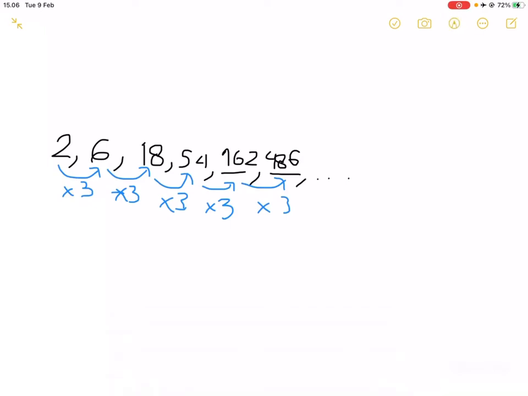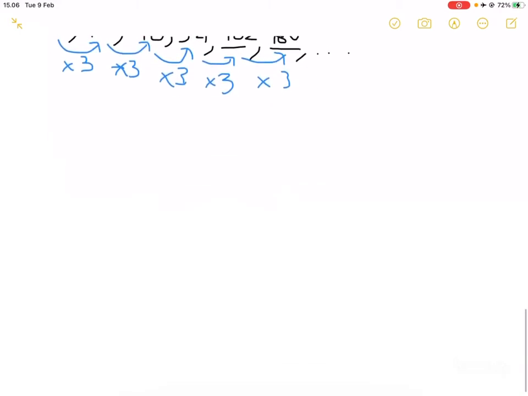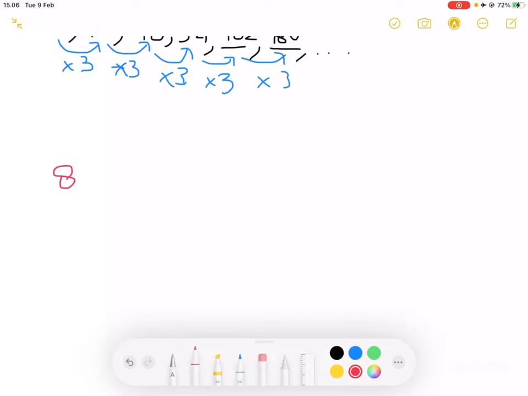So I'll probably do one last example, and then I'll give you some homework to practice. For the last example, it will be a slightly easier one.